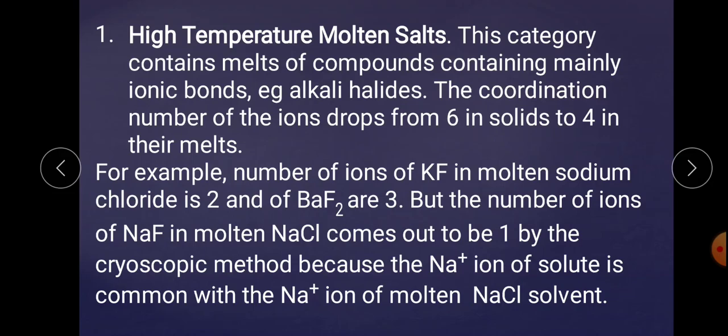The coordination number of ions drops from 6 in solid to 4 in their melts. Means after melting, the coordination number of the compound which is present in solid phase is 6, and in a melted form it is 4.